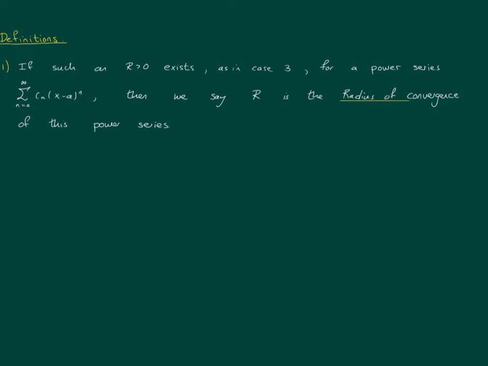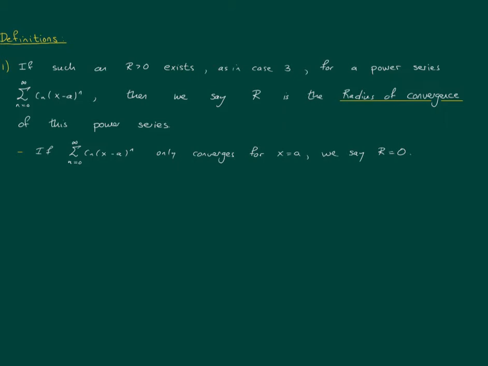Okay, radius of convergence. But if we have, as in case 1, so if the series only converges at x equals a, we say that the radius of convergence is 0.